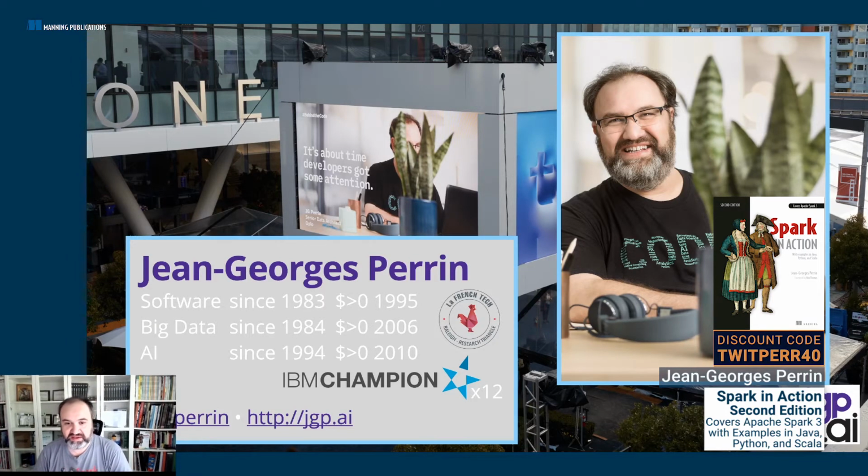And I've been doing AI since 1994 as part of my college studies, and then in 2010 as part of my startup. I've been an IBM champion for 12 years, something I'm kind of proud of. Recently I've been partly involved in La French Tech, and you can join me on Twitter at JGPerrin, or see my blog at jgp.ai.